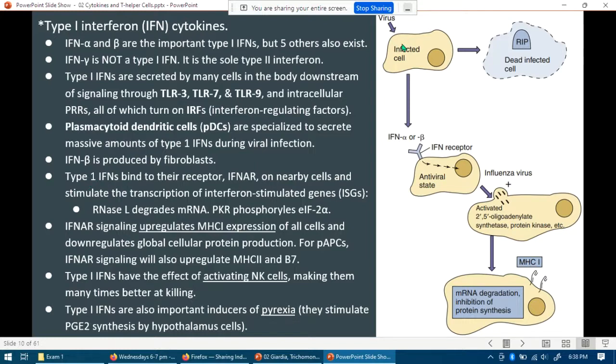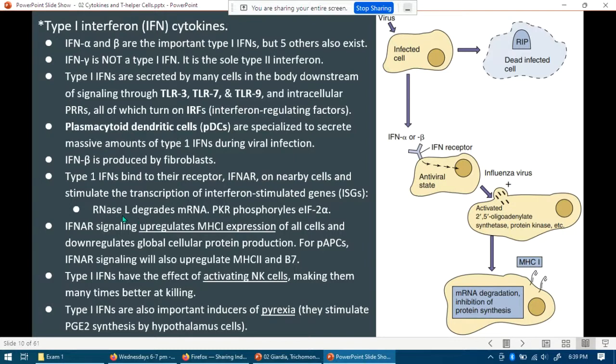Once type 1 interferons are made by an infected cell, they bind to a receptor called IFNAR, or the interferon alpha and beta receptor, on neighboring cells. That stimulates the transcription of interferon-stimulated genes, or ISGs. For example, an enzyme called RNase L is going to be produced in the cell.